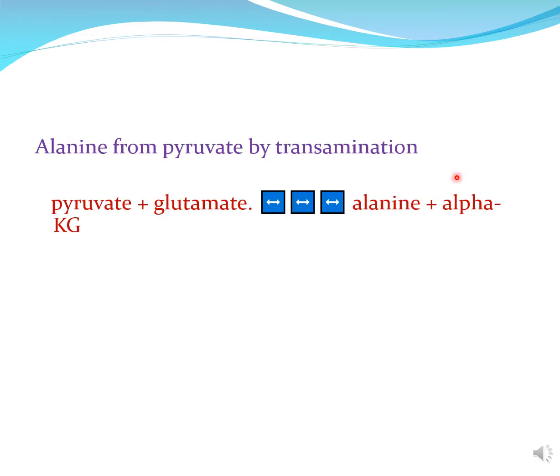Starting with alanine. Alanine can be synthesized from pyruvate by transamination. By the action of which enzyme? Yes, that's true. It is ALT. Pyruvate plus glutamate would be converted into alanine and alpha-ketoglutarate. We are familiar with this reaction. This is the ALT reaction.